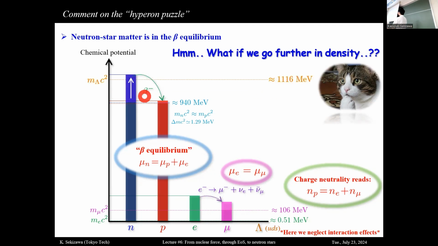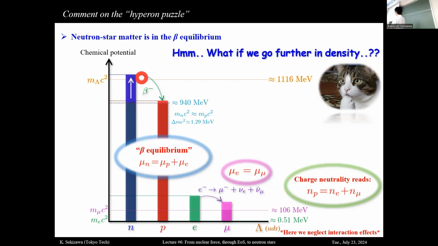And at some point, it can exceed the rest mass of other particles, other hadrons. For instance, the lambda particle. The lambda particle is composed of up-down-strange quarks, and its rest mass energy is 1,160 MeV.